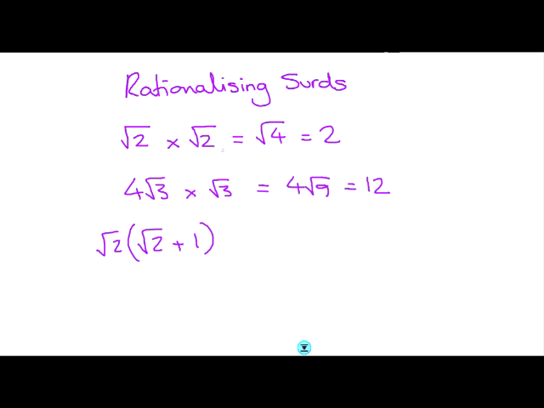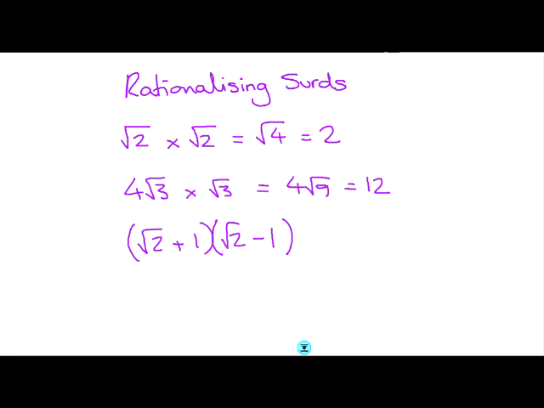Okay, so what you actually have to do is multiply by what we call a conjugate. Kind of like you do in languages, you conjugate verbs. We're going to conjugate a surd, and it means pretty much exactly the same thing, but a minus.